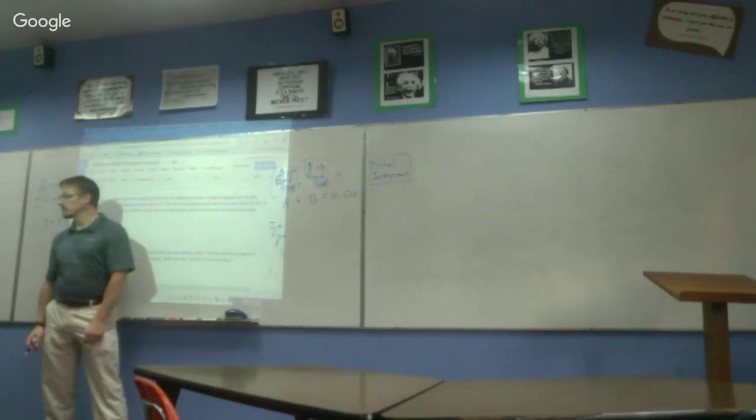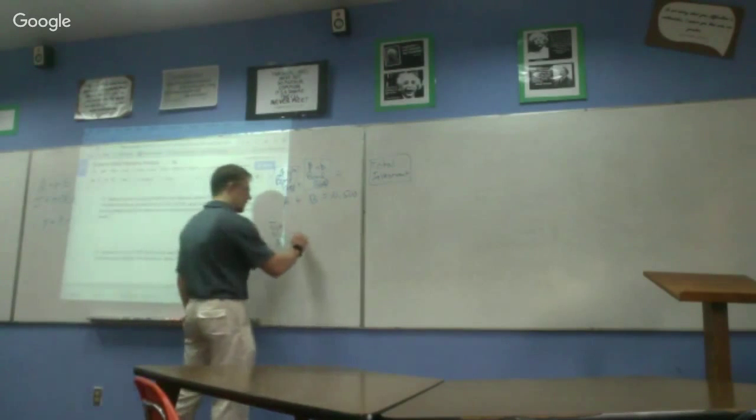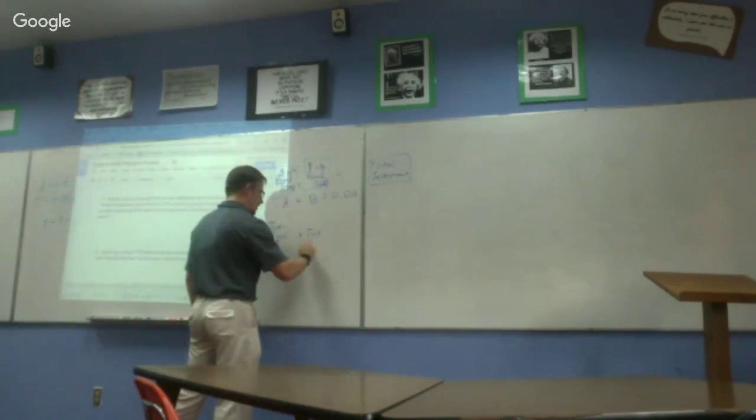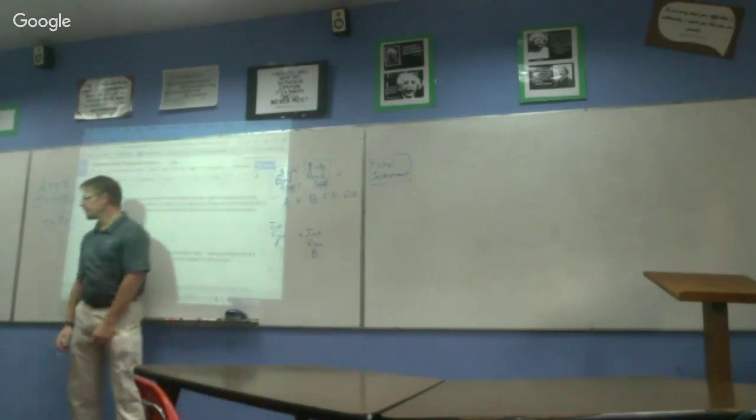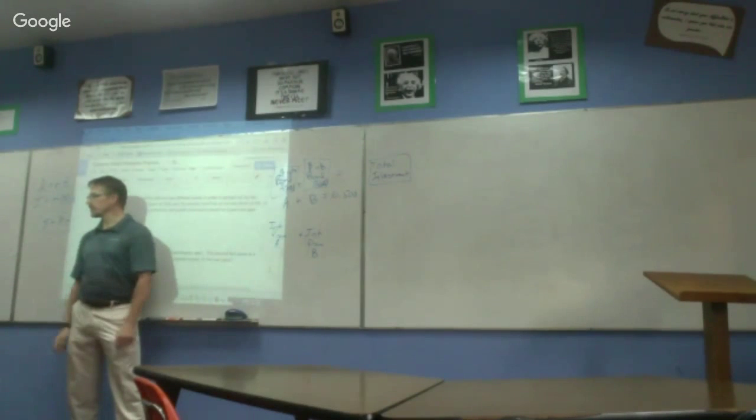Add it to what? The interest from B. So if you add two things, what do you get? The sum, which is also called the total. Total interest.